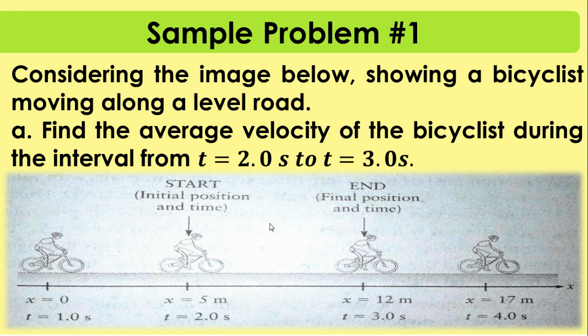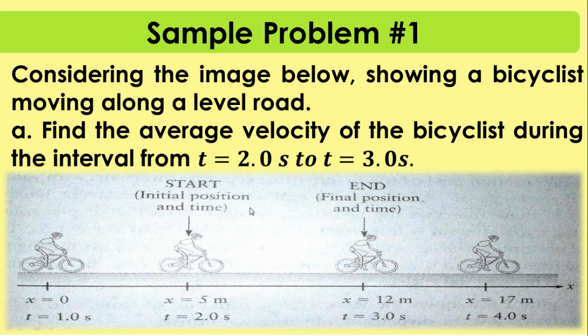Now here is the image. Now first, for us to answer the sample problem number 1, we should analyze first the given image. Now from the given image, mapapansin po natin that it is already indicated kung saan yung initial position and time and also the final position and time.